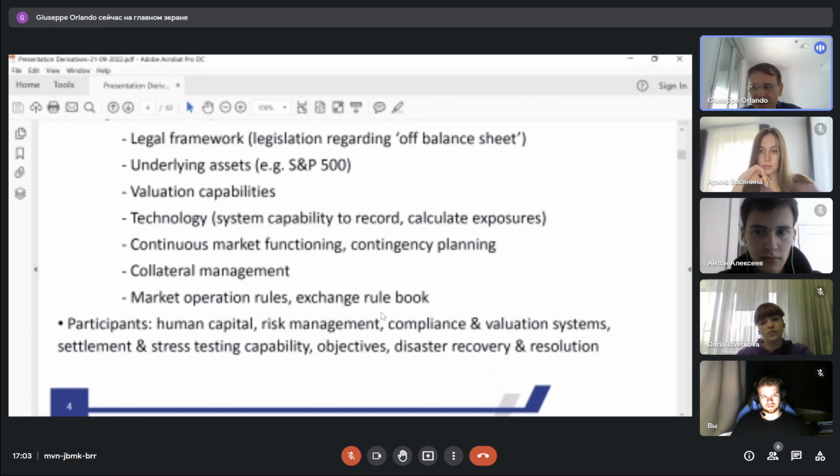And compliance can be also about other things, like sanctions or whatever. So compliance is to make sure that all rules and regulations are fulfilled. Is it clear? Yes.